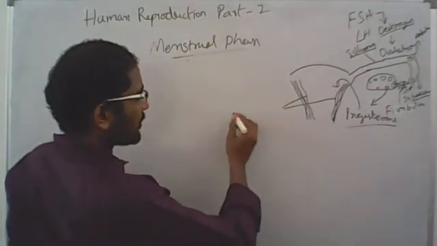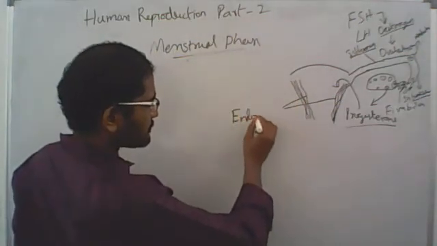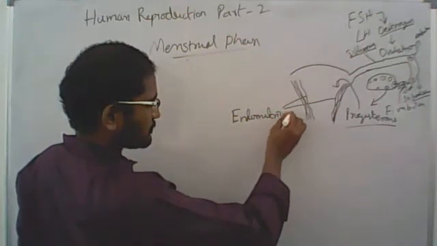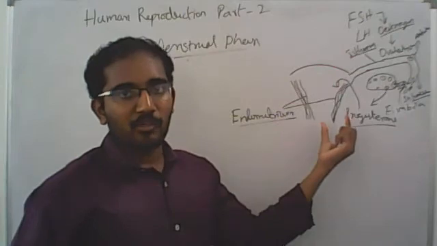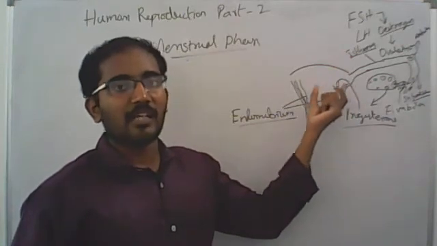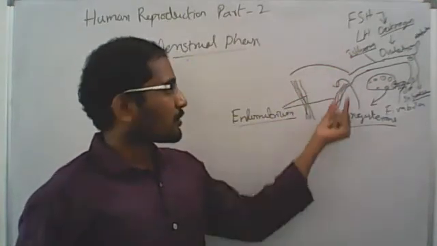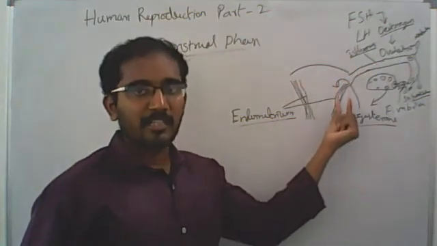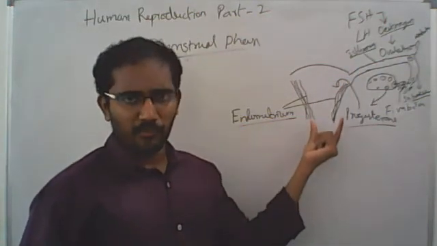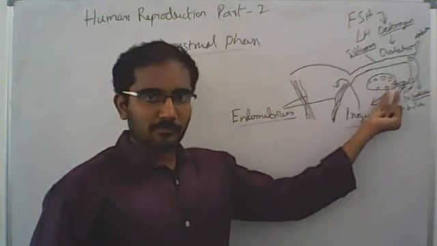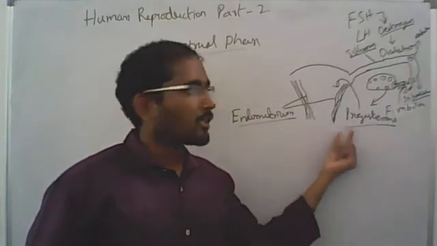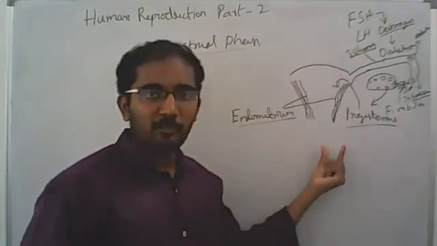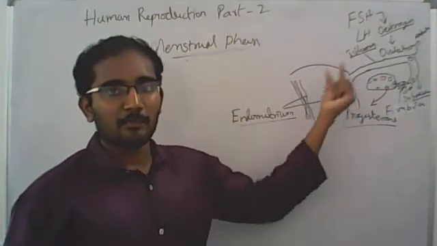The endometrium is the bed-like layer for implantation of the fertilized cells. If fertilized embryo cells are there, they have to implant over the endometrium. So the corpus luteum produces progesterone, and the progesterone forms the endometrium layer.